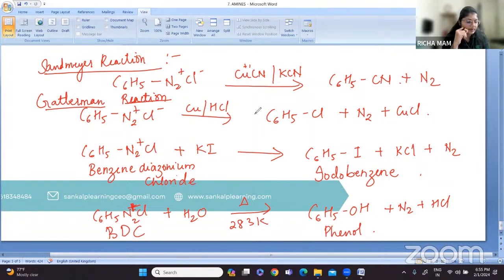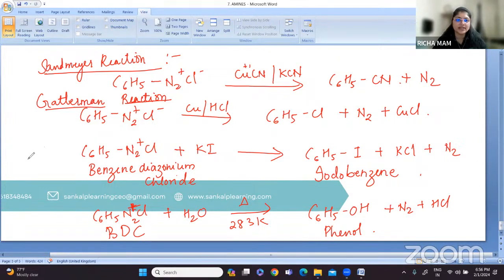Then nitration, one reaction. Sandmeyer we have seen, Gattermann.